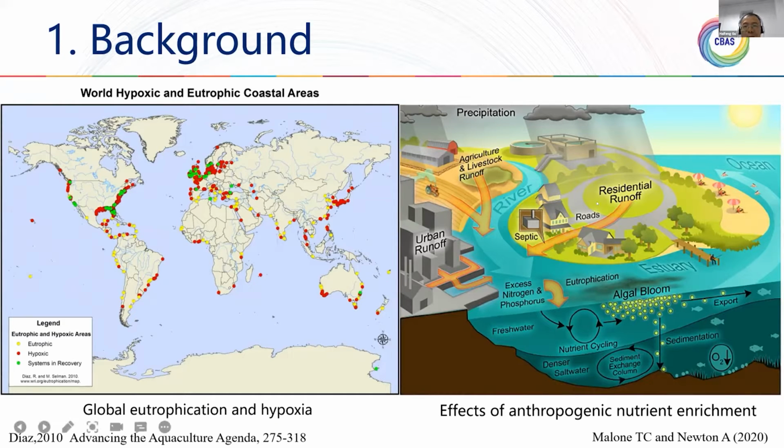The right figure shows the effects of anthropogenic nutrient enrichment, including urban runoff, agriculture and livestock runoff, and resident runoff. These excessive nitrogen and phosphorus discharges will promote the growth of microalgae and even lead to bloom outbreaks.